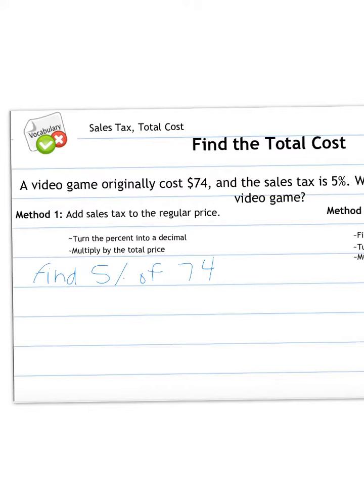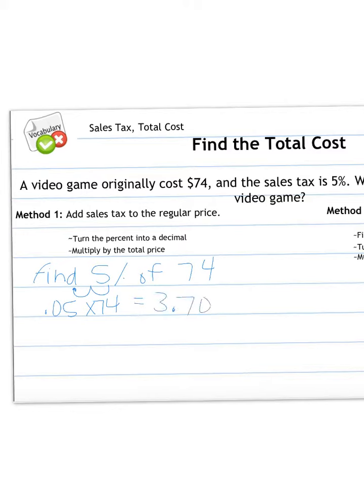So we turn this 5% into a decimal, move it 2 to the left, or if you prefer to use fractions, you'd have 5 over 100, and you multiply it by the price. Okay, so 0.05 times 74 is $3.70.